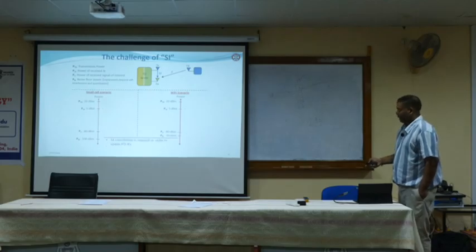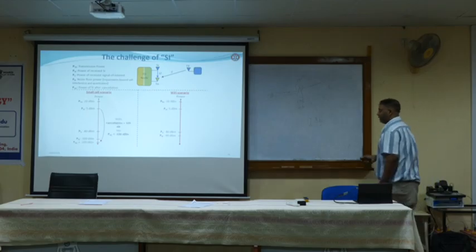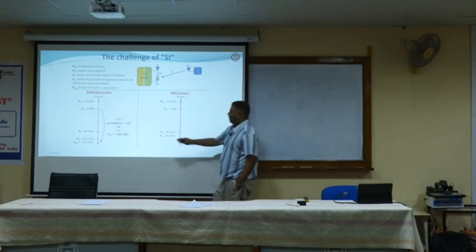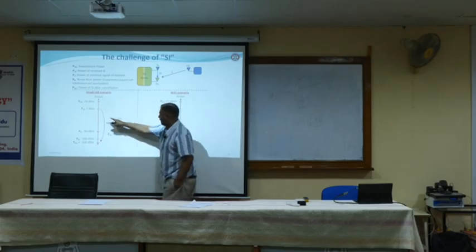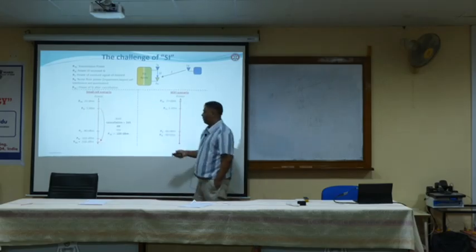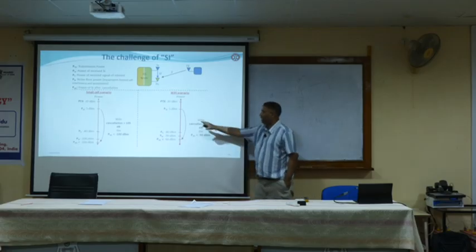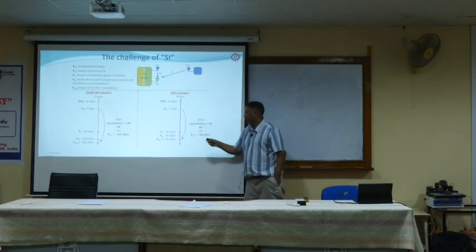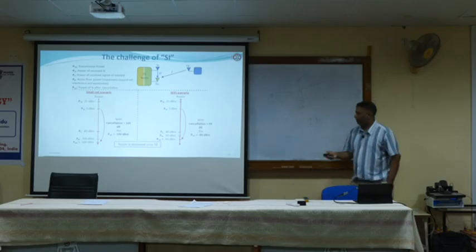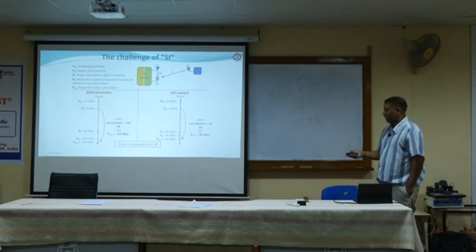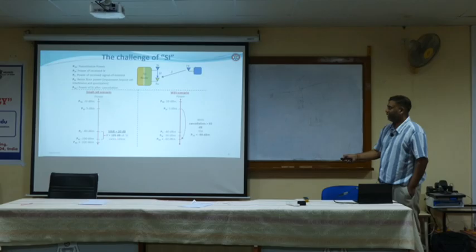But if we can cancel the self-interference and bring it to the noise floor, in both scenarios, then we end up with noise dominated over self-interference, and the signal to interference plus noise ratio is around 20 dB.